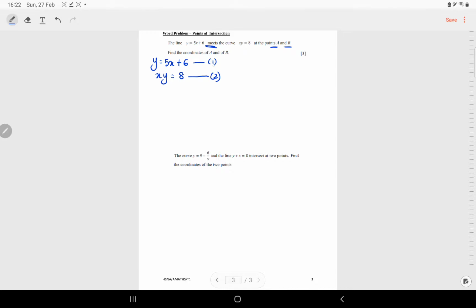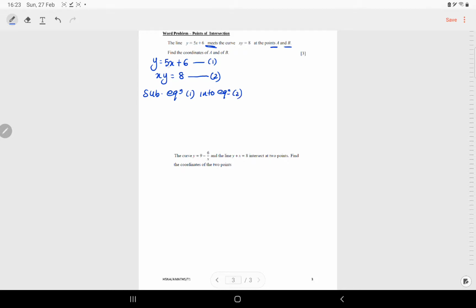Notice that equation 1 was already nicely arranged as y equals 5x plus 6, and you can tell that that's a linear equation. So I'm going to substitute equation 1 into equation 2.